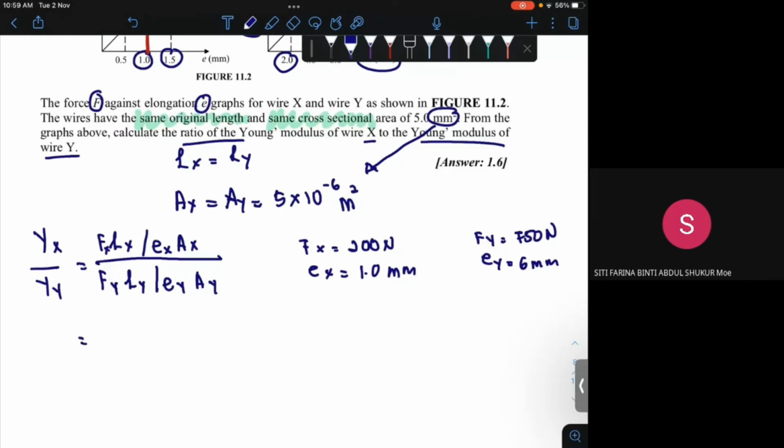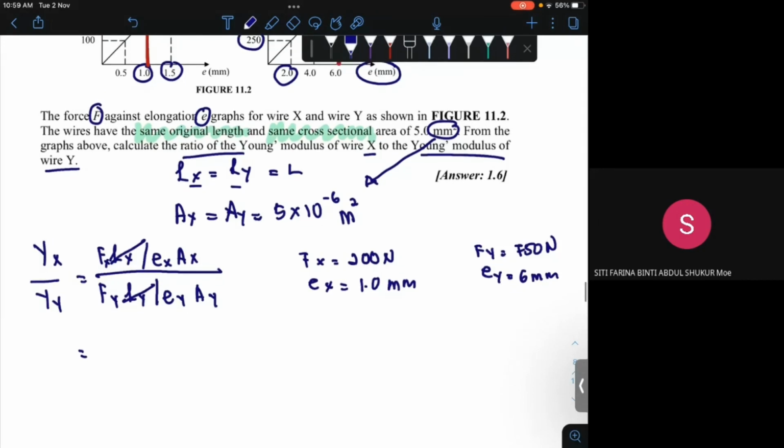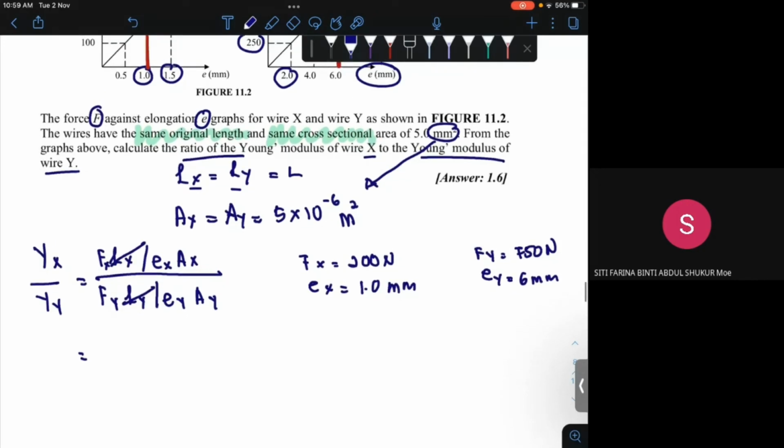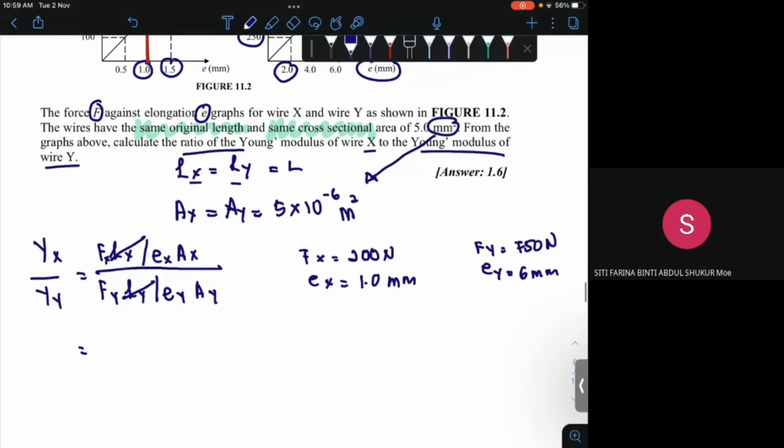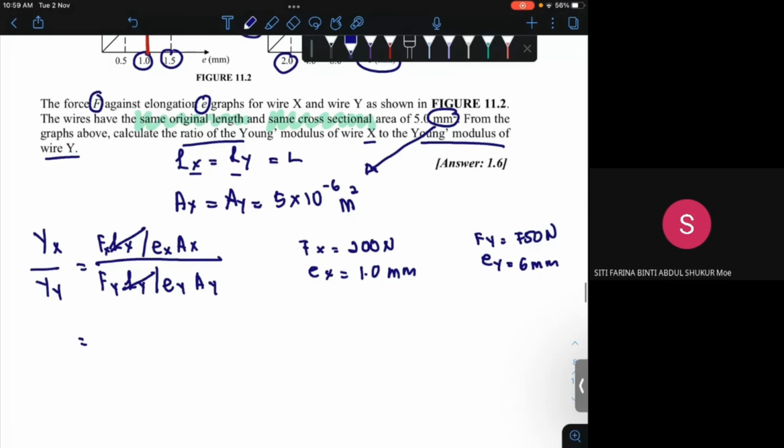Kalau kamu tengok Lx kamu sama dengan Ly sama dengan L, so saya boleh cancel L ni, because they are the same value. Begitu juga area dia dekat sini adalah area yang sama. Dia kata wires has same cross sectional area of 5 mm square. Saya pun boleh cancel the area. Dah cancel.